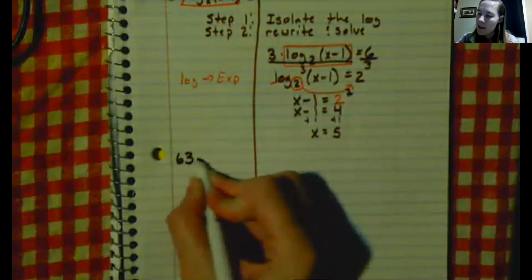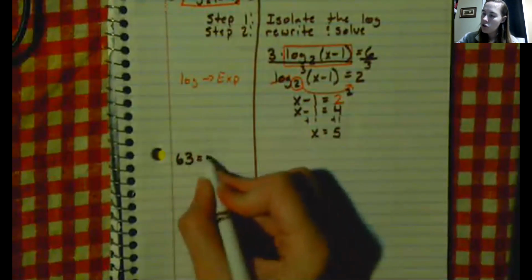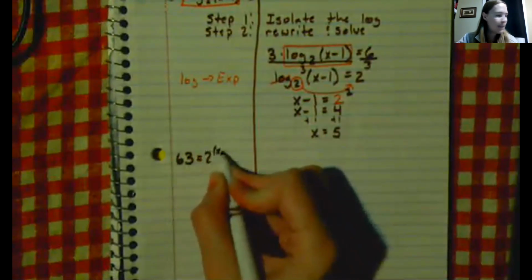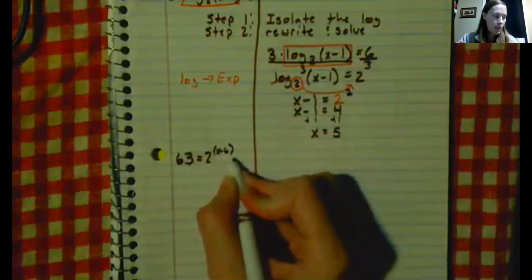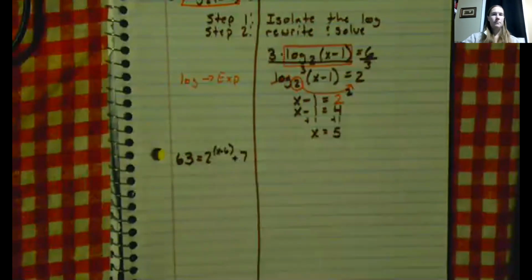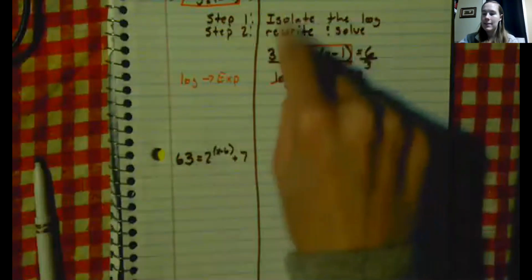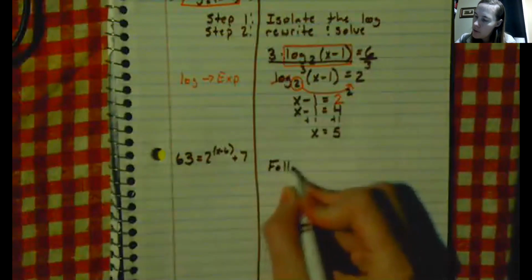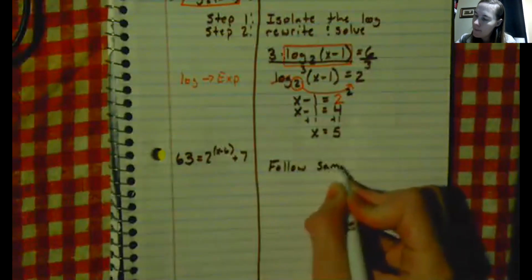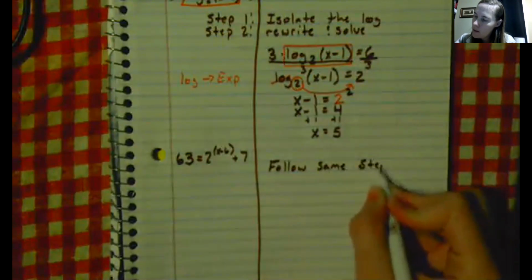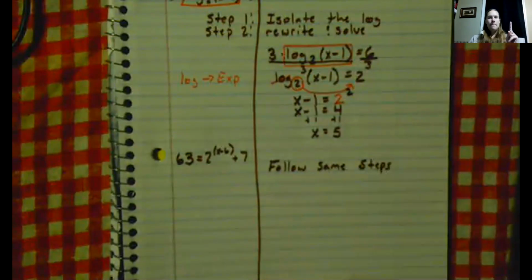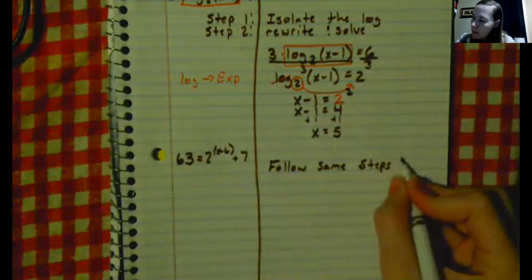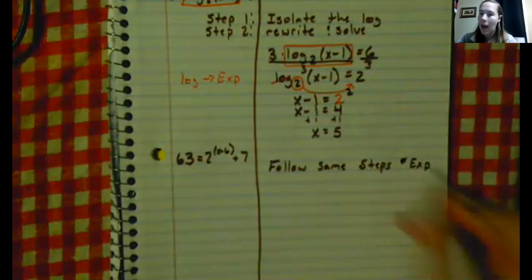Say for our exponential, we had 63 equals 2 to the x minus 6, plus 7. We're going to follow the same steps. Step 1 is going to be to isolate, but instead of isolating the log, we're going to do everything with our exponent.